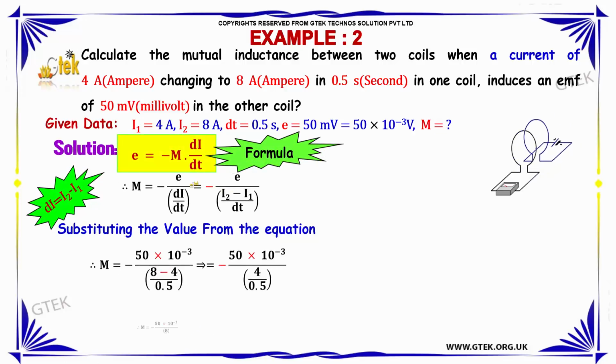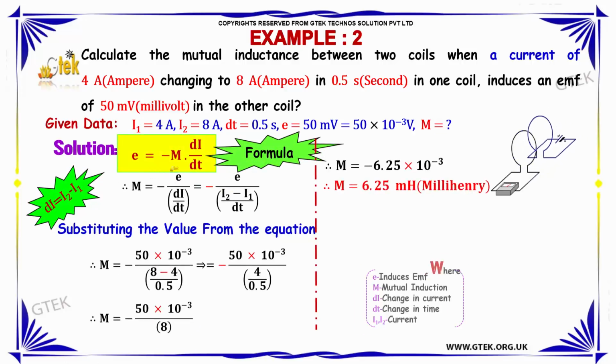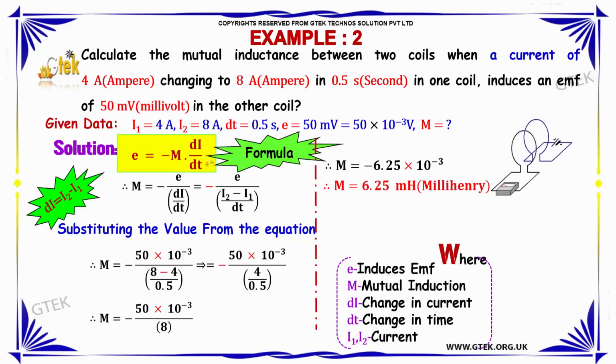Here is the solution. E is equal to minus M into dI divided by dt. So M is equal to minus E divided by dI divided by dt, which is equal to minus E divided by I2 minus I1 divided by dt. Substituting the values, E as 50 into 10 power minus 3 divided by 8 minus 4 divided by 0.5.